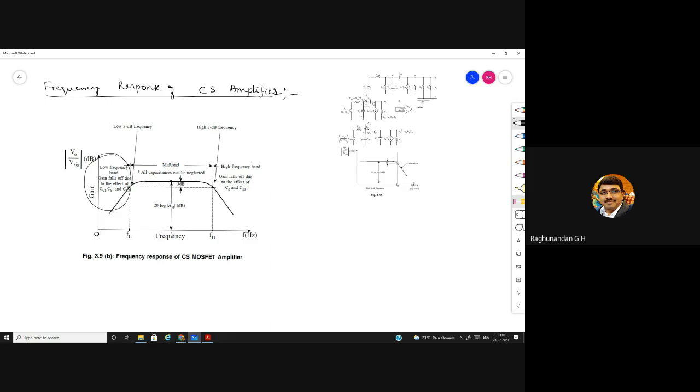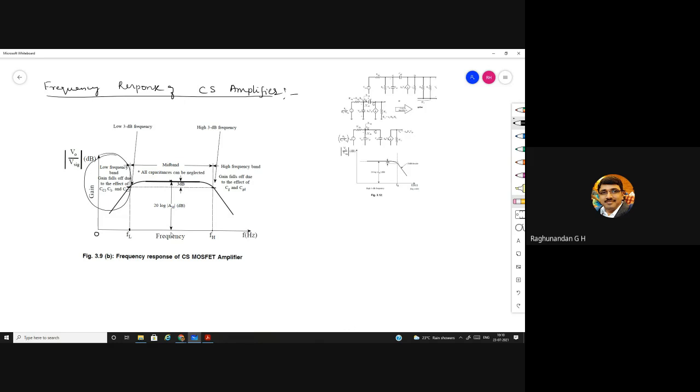Because of the reactances of these bypass and coupling capacitances, the gain will be less. When frequency is slowly increasing, during that time the gain starts increasing. Until then, because of the reactance effect of the coupling and source capacitors, the gain will be less. They can ask you in any exam why the gain is less and why the gain is more.